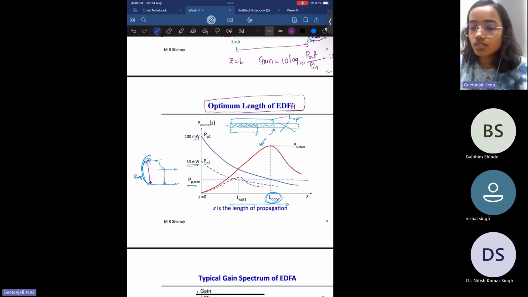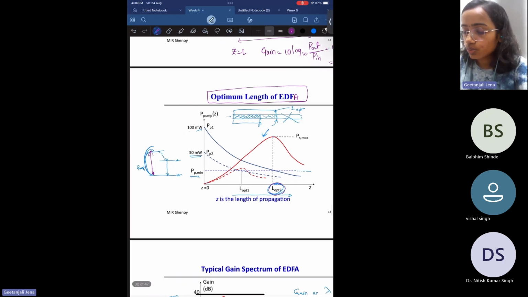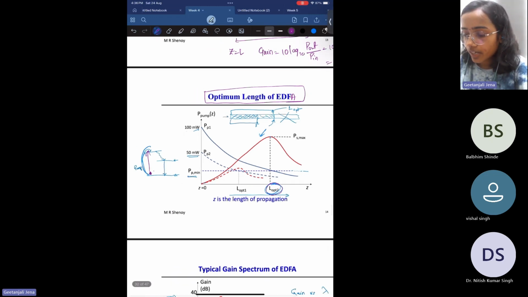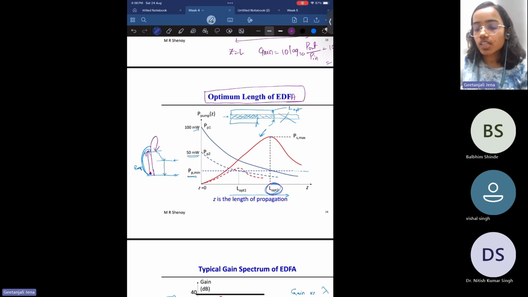After this length, there is not enough power to pump the erbium ions from the ground state to the higher excited state. That means we can't achieve population inversion after this length. So that is why we see that the signal power will decrease after this length.